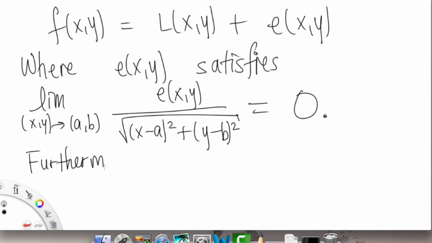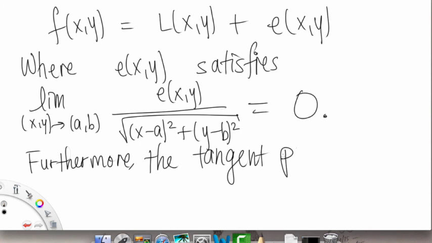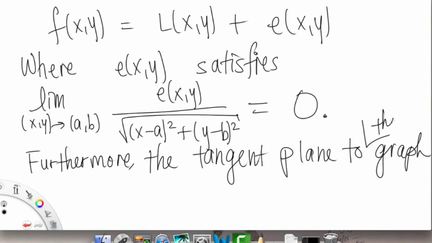Furthermore, and this is kind of extra, the tangent plane, which we've already learned, to the graph at the point A, B, f of A B is z equals L of x y.